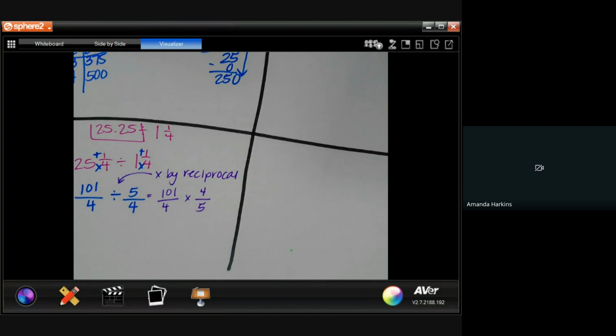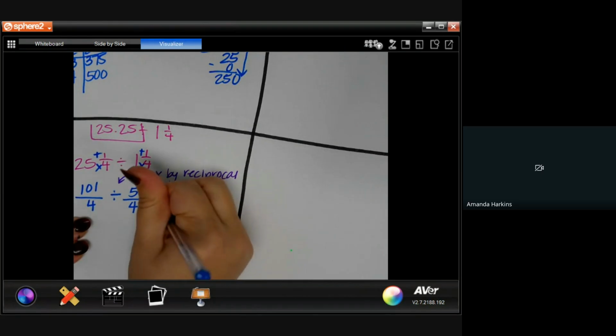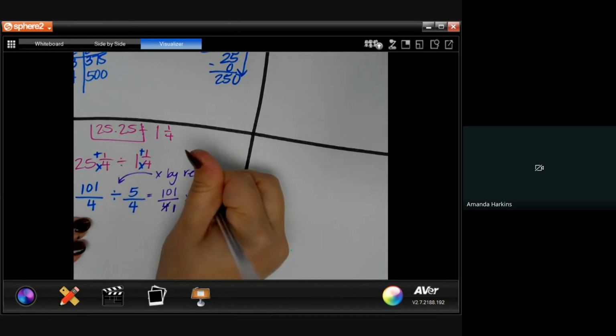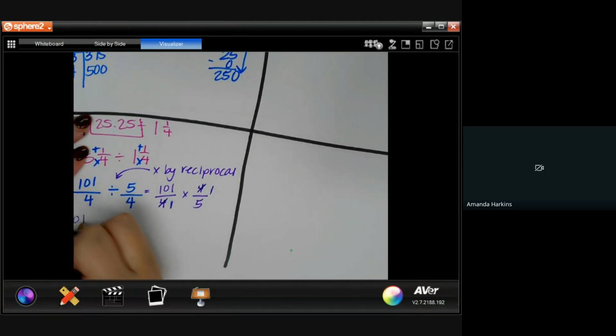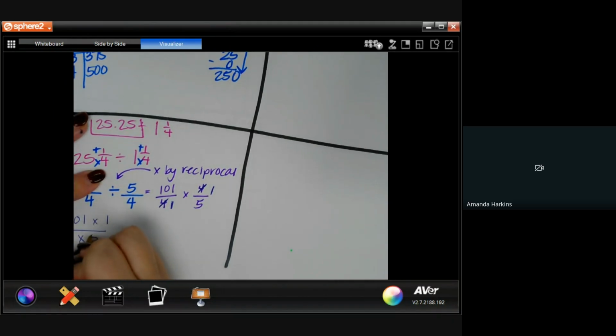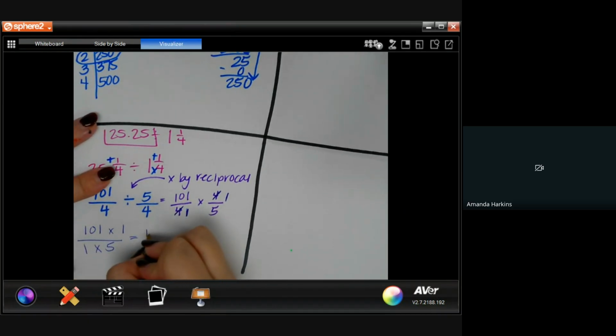I like simplifying my fractions to make my numbers smaller. So 4 divided by 4 gets me 1. 4 divided by 4 gets me 1. So now I should have 101 times 1 over 1 times 5. So I get 101 over 5.